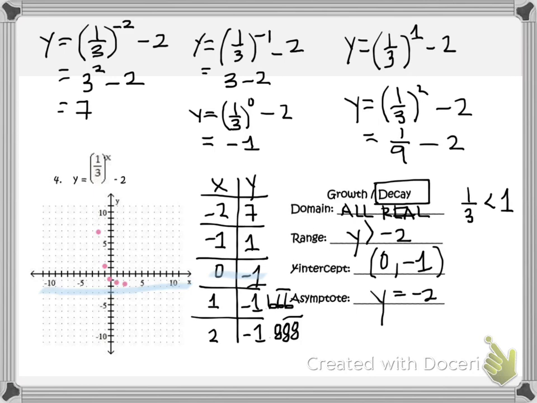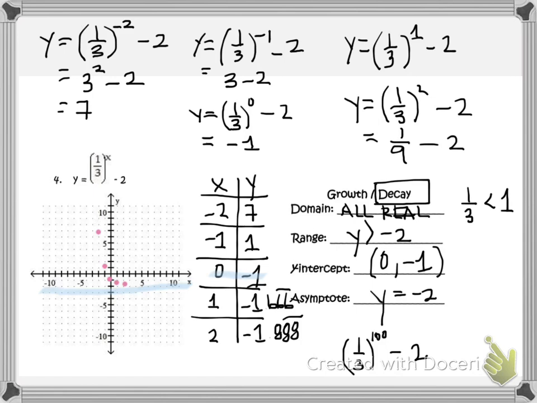Okay. And plug in there for me 1/3 raised to the 100th power minus your 2. So this is going to give you a scientific notation, right?